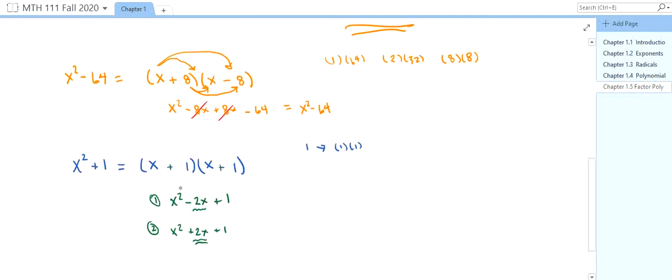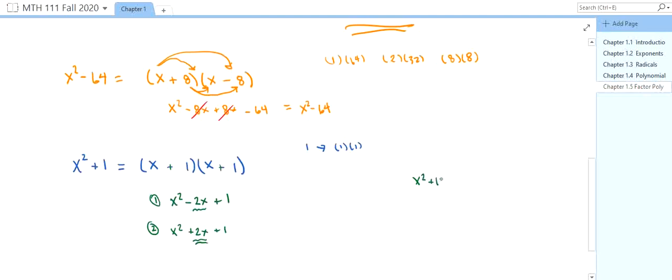Well, let's think about this. If you think about this further, there really are no two numbers that you can multiply. So x squared equals minus 1. If I were to look at this equation and set it equal to 0, I guess that would give us some insight.